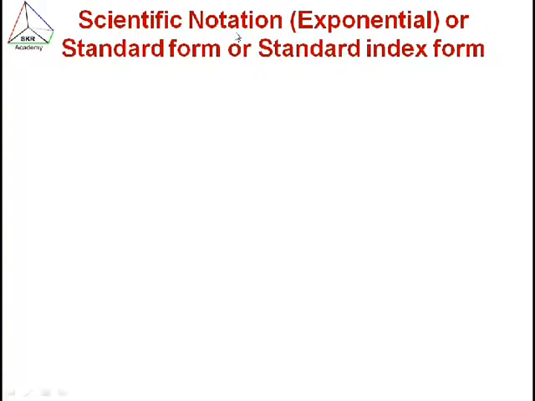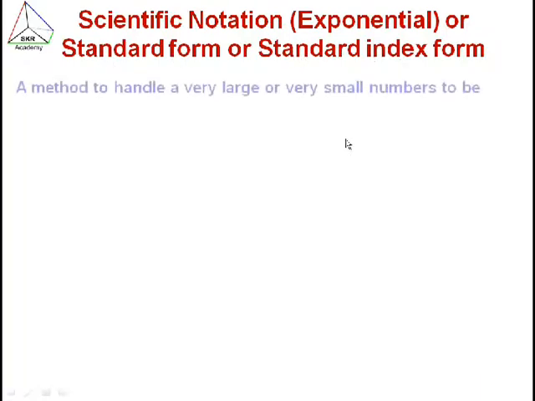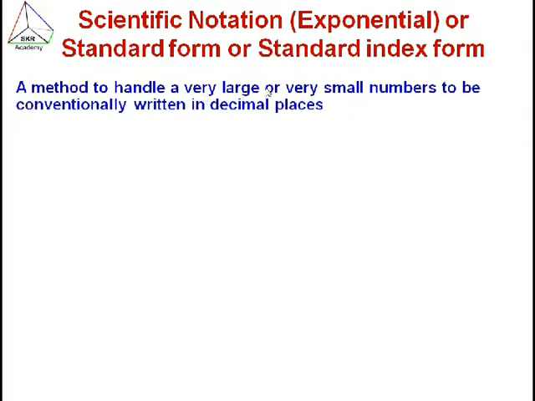So basically scientific notation, also called scientific exponential or standard form or standard index form, is a method or way to handle very large or very small numbers, which are conventionally written in decimal places.